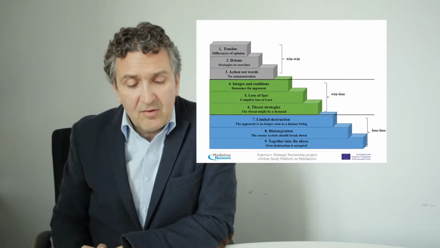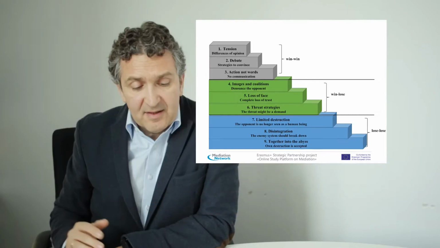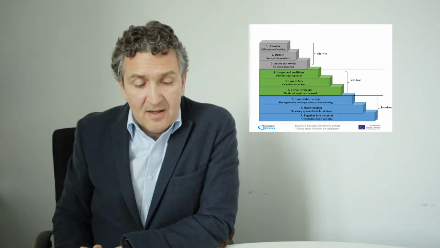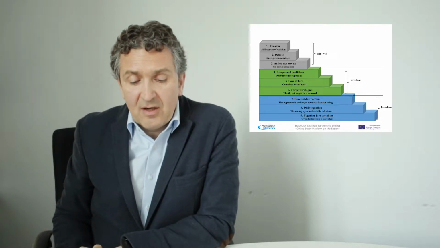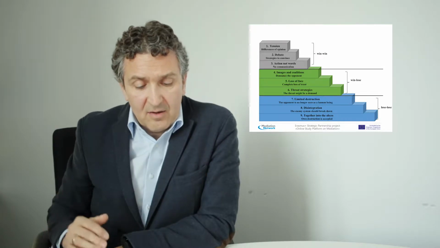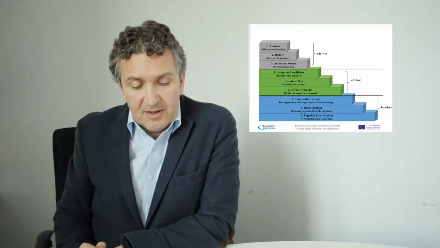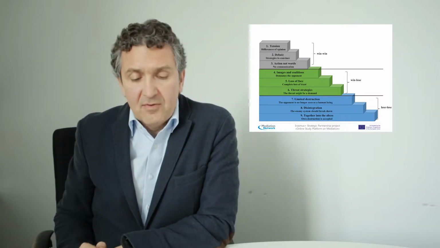The model describes observable phenomena that occur in conflicts and puts them in linear sequences. This makes it possible to determine the extent to which the conflict has already escalated. Then conclusions with respect to possible ways of managing the conflict can be derived.